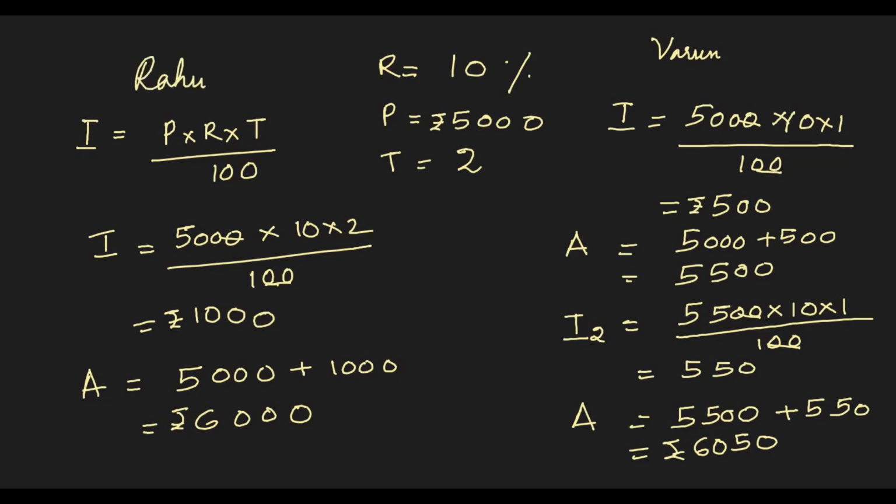Now here Rahul gets 6,000 rupees, whereas Varun gets 6,050 rupees. But they deposited the same amount, 5,000. Then how did Varun get 50 rupees more? Here, Rahul took the money back after 2 years.